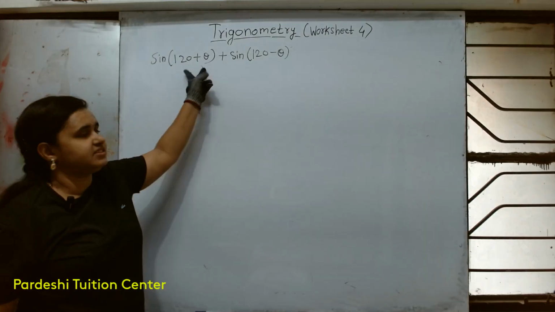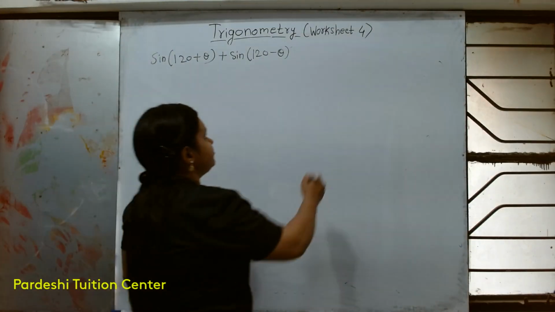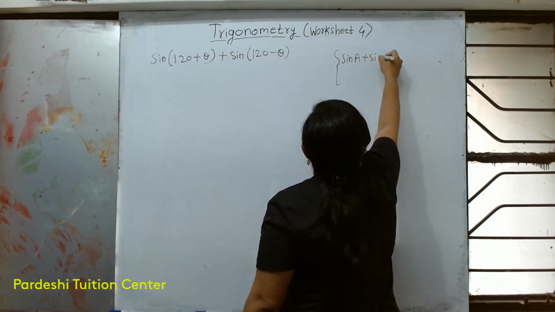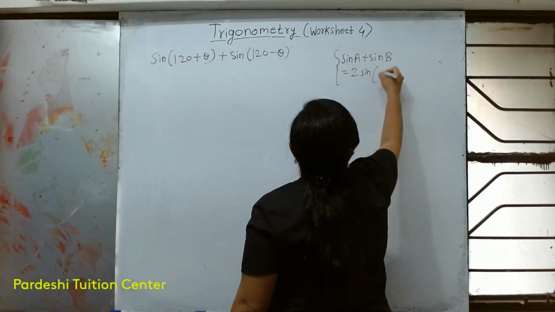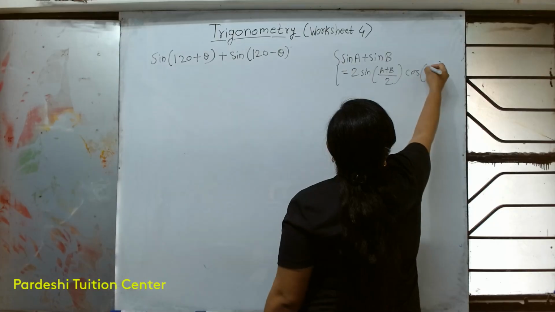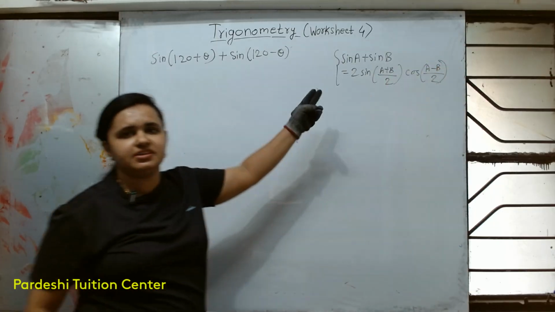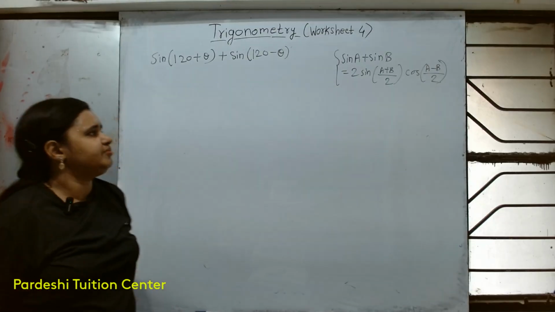If I take this as a and this as b, it is sine a plus sine b. Again we will write the formula: sine a plus sine b equals 2 sine of (a plus b) by 2 into cos of (a minus b) by 2. Just remember all the formulas.